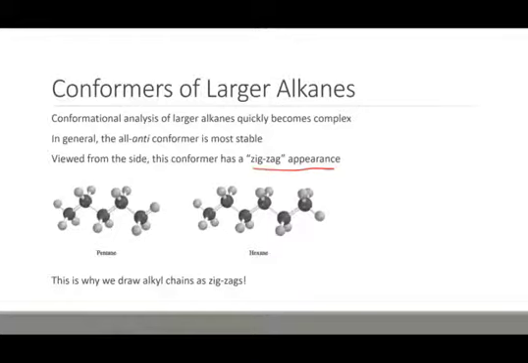This is actually why we always draw our molecules, why I've been drawing these alkanes, using a zigzag appearance. For example, pentane, shown here in its all anti-conformation, is in this zigzag pattern. Hexane, again in the zigzag pattern here.